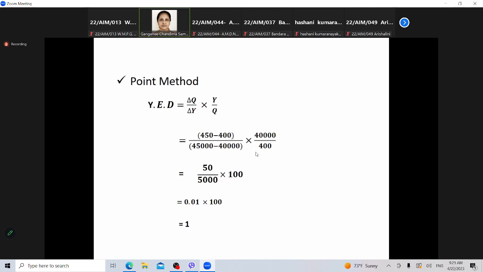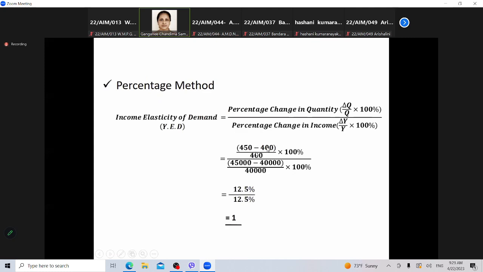Four five minus 100, delta Q, delta Y. Here it's getting the change only. See the difference. Before that, in the percentage method, you took this and divided by the previous one, because then if the value is 400, then the percentage.